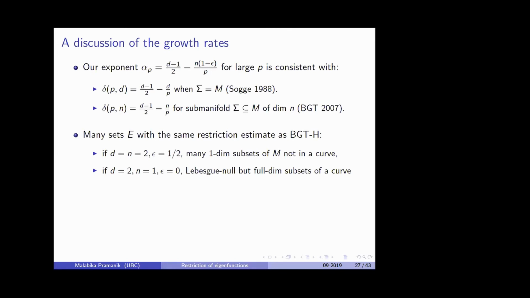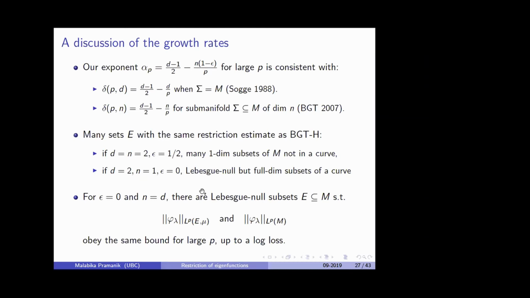Similarly, there are full dimensional but Lebesgue null subsets of a curve that obey such bounds as well. On a similar note, we are able to find a full dimensional but Lebesgue null subset E of capital M itself equipped with a singular measure which obeys the same linear estimates with respect to the L^p norm growth as Sogge's L^p estimate over the entire manifold.